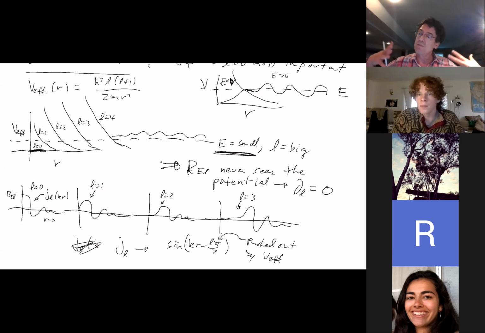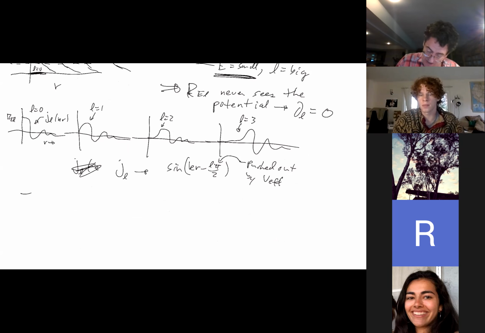And so the point is simply that if my radial wave function never makes it to the origin, it never sees the potential, and so there's no phase shift. So that's why low energy scattering is always dominated by the L equals 0 scattering phase shift.